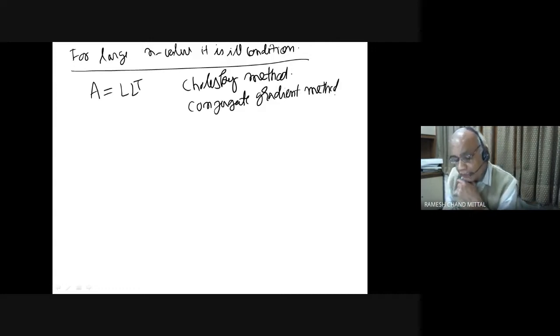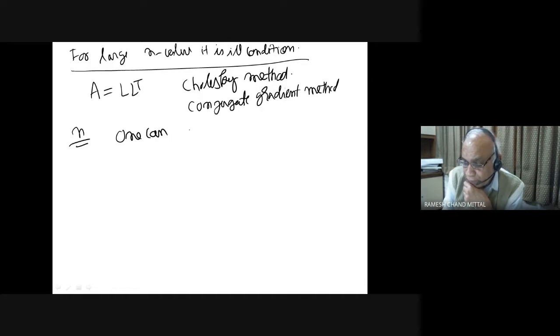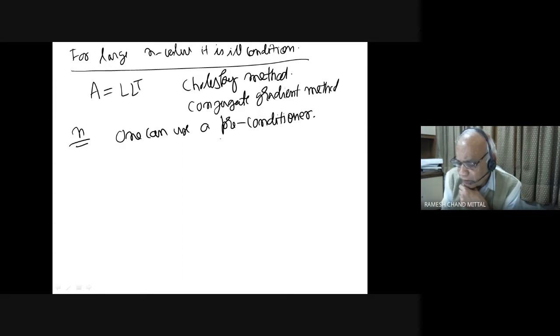On the other hand, for large n, one can use a preconditioner, that is a matrix which makes it well conditioned. If you want more discussion on preconditioner, I can go further.